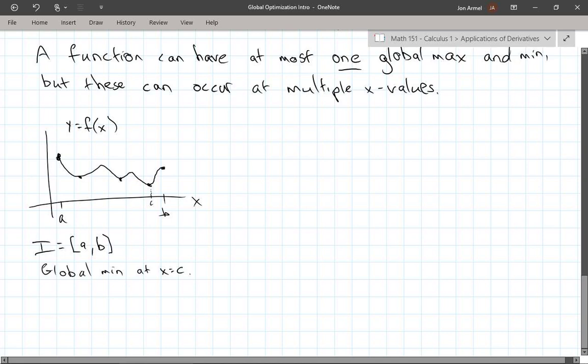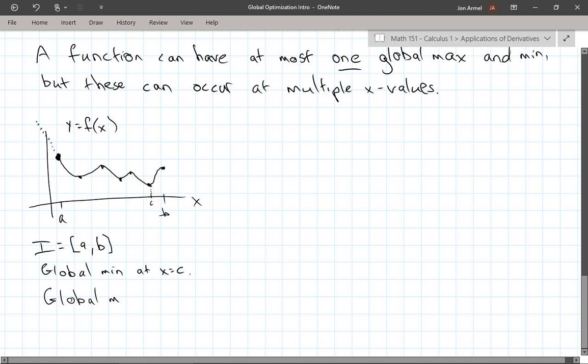And the global max does not happen at one of these peaks. So if you're just taking the derivative of the function and setting it equal to 0, you may never find the actual point where the global max occurs, which is a, right? Because maybe the function actually goes on past this, and the derivative at a is not 0. But because that's the endpoint, you can have a maximum there.